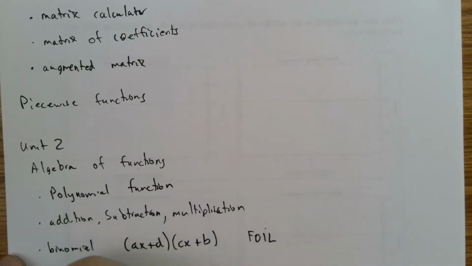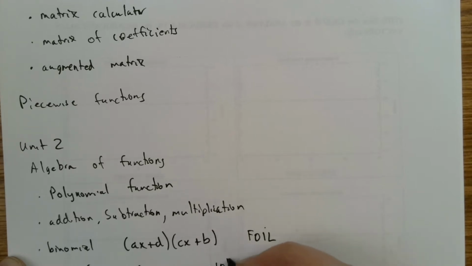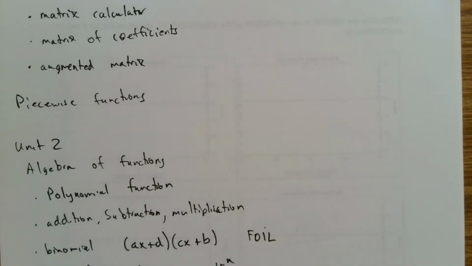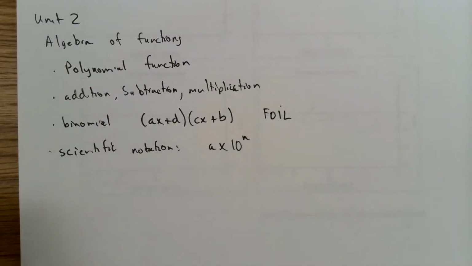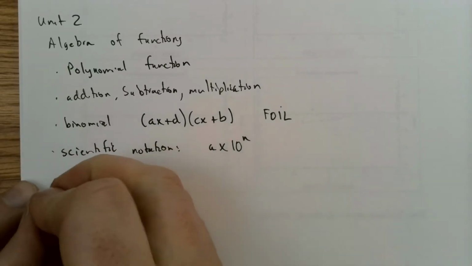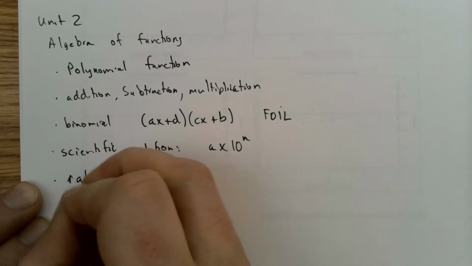We included in here scientific notation. So make sure you know how to write that, and you may recall doing this in Desmos, figuring out when does Desmos end up giving you answers in scientific notation. And then we also tossed in here rational exponents.